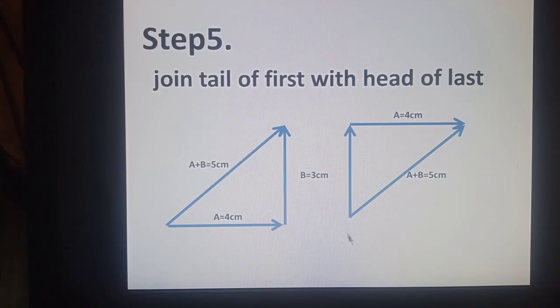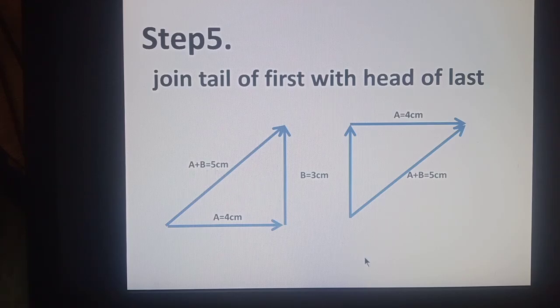Students, addition of vectors, I told you, is different from addition of numbers because numbers are scalars and vectors need direction. Students, if A and B were numbers, then it is clear that their sum, A plus B, would be 4 plus 3, 7. But here we obtained A plus B as 5, not 7.